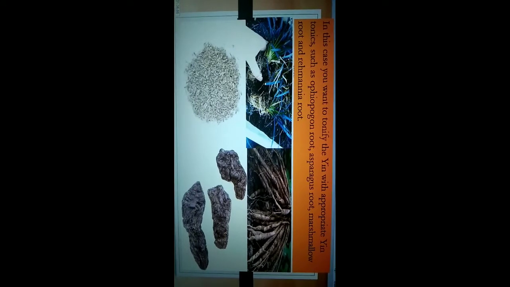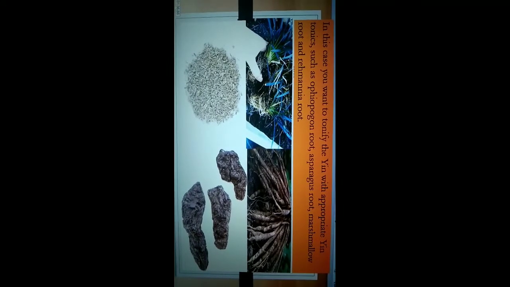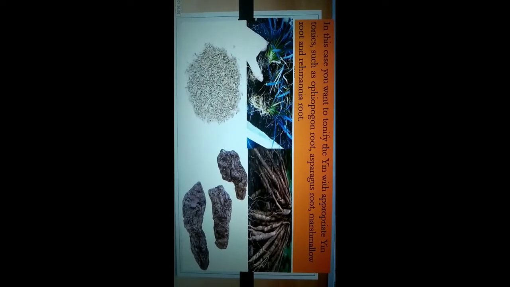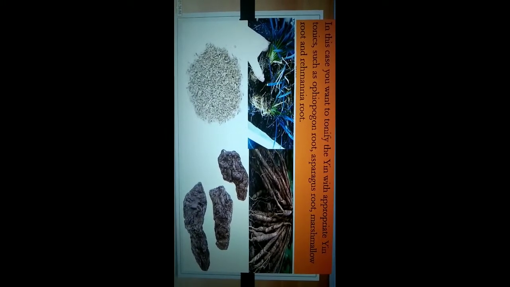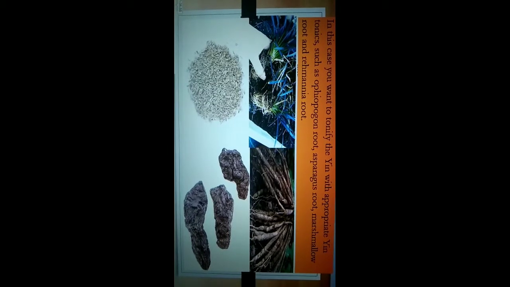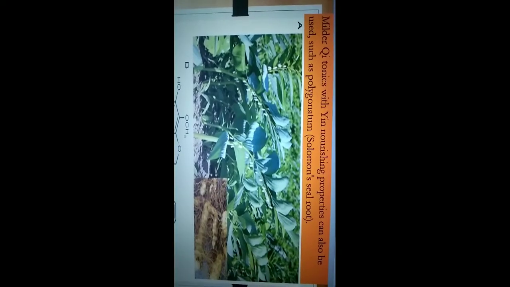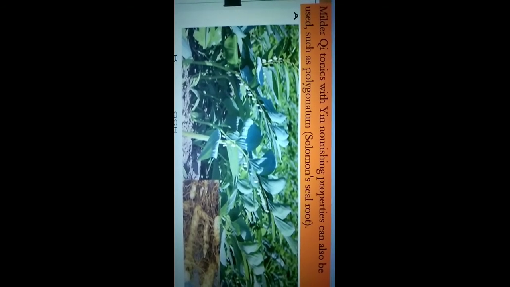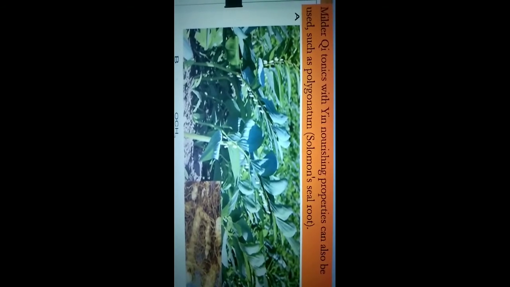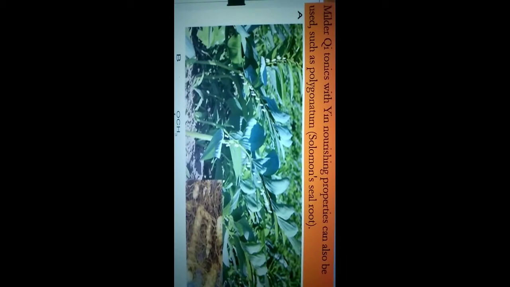In this case, you want to tonify the yin with appropriate yin tonics such as ophiopogon root, asparagus root, marshmallow root, and rehmannia root. Milder qi tonics with yin nourishing properties can also be used, such as polygonatum, Solomon's seal root.